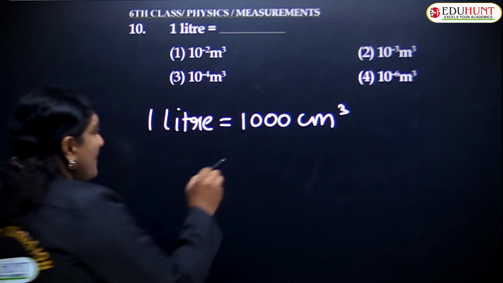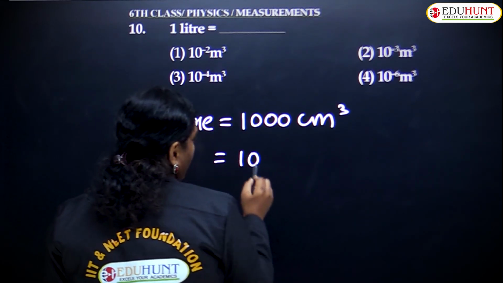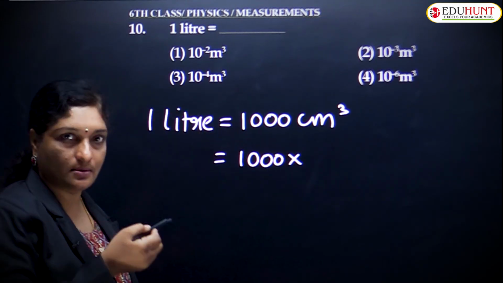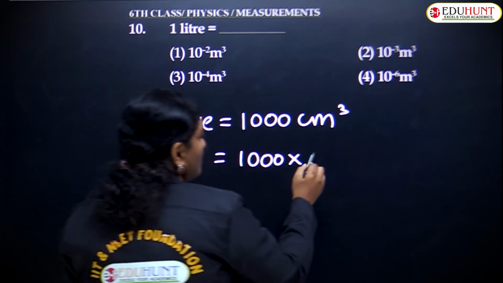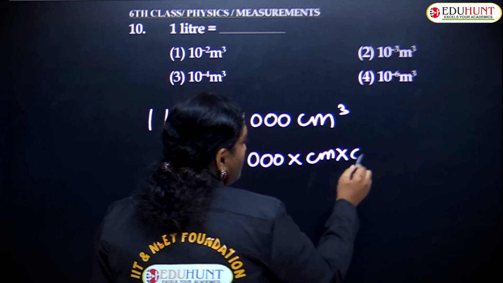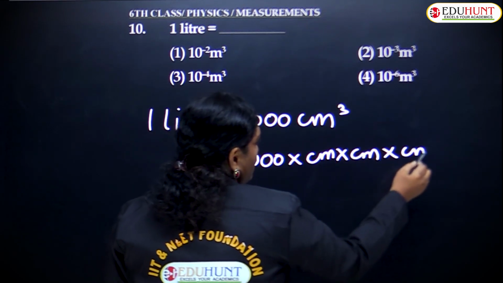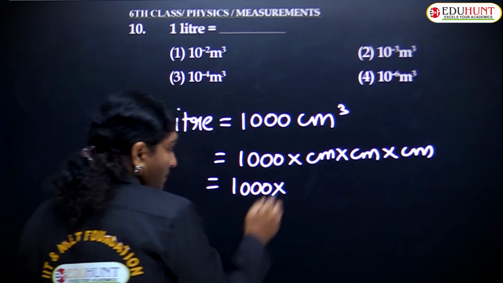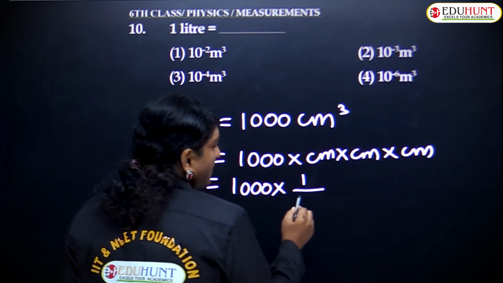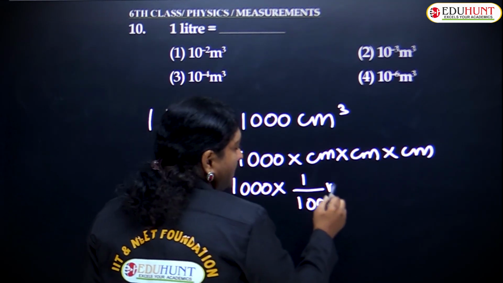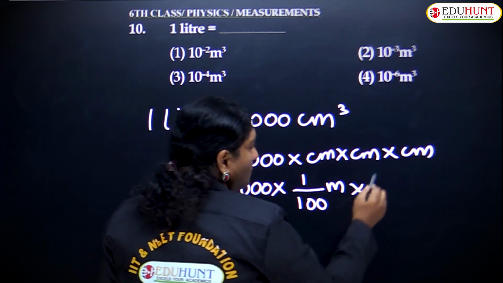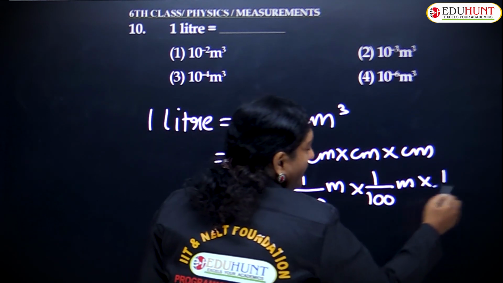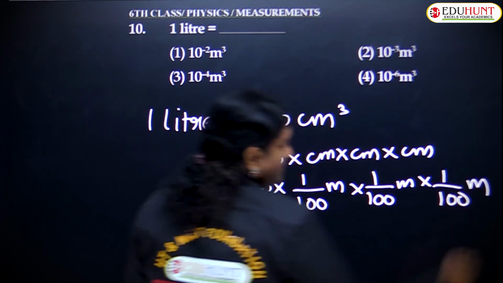Based on this, I can write 1000 into, as I already explained in the previous concept, centimeter cube can be written as centimeter into centimeter into centimeter. So 1000 into, a centimeter is nothing but 1 by 100 meters, into 1 by 100 meters, into 1 by 100 meters.